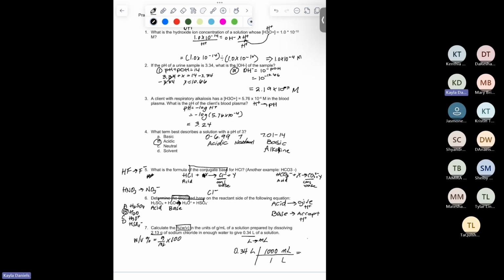So 0.34 times 1,000 is 340 milliliters. All right, so now I have grams and milliliters. Now I can plug it into the equation. So I can do 2.13 over 340 times 100.